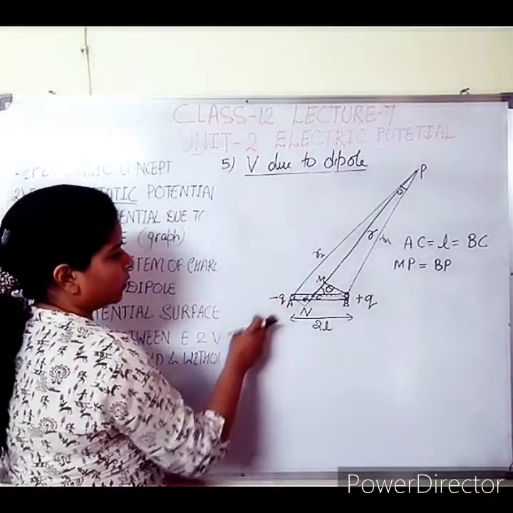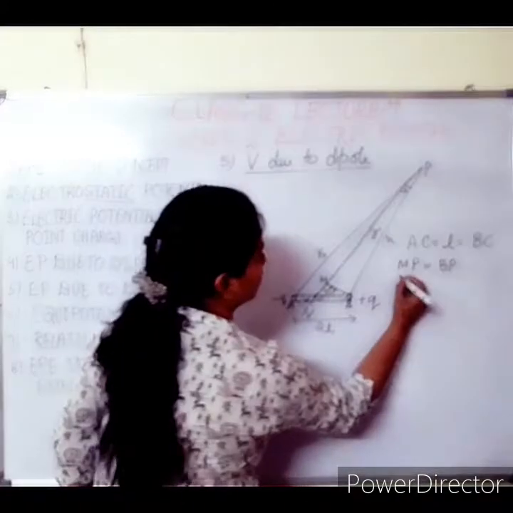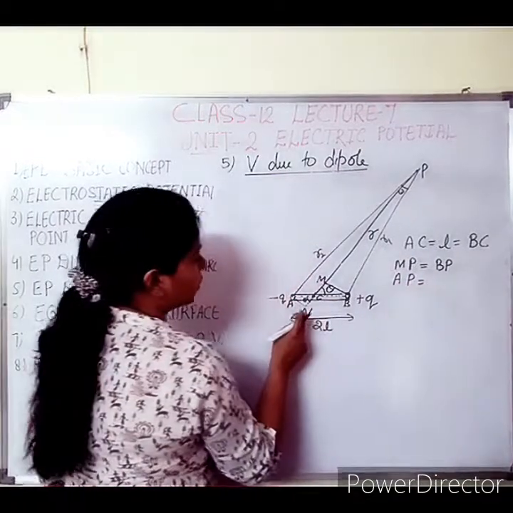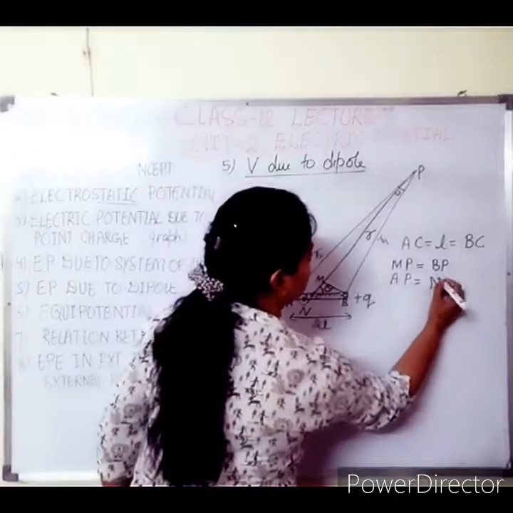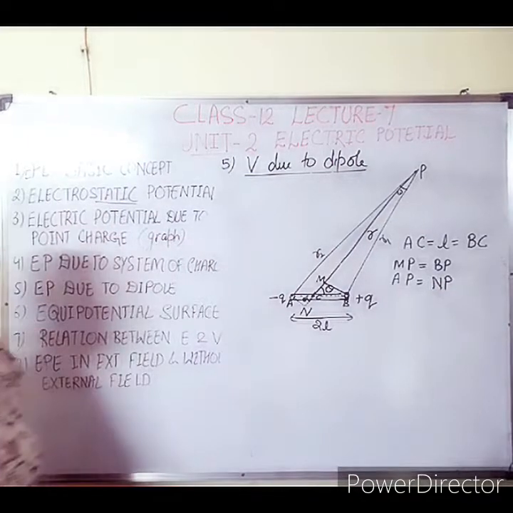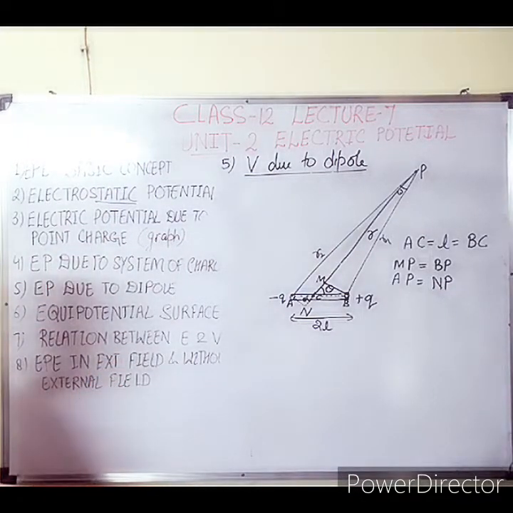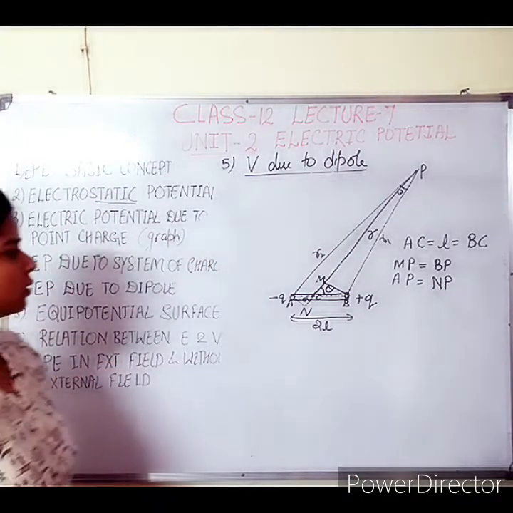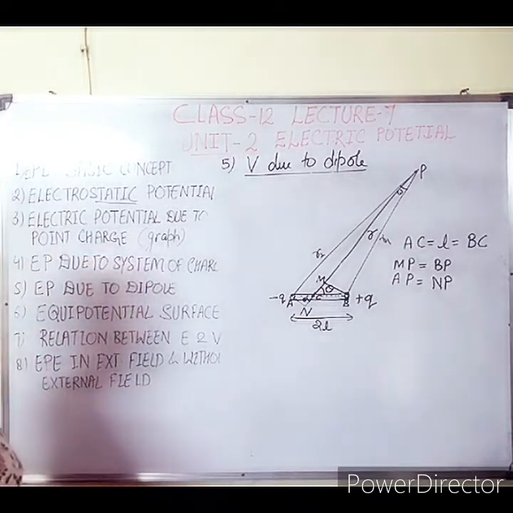So MP is equal to BP and AP is equal to NP. Okay, this is a very important factor which we have to use here. So that is why I am taking this case here, and you will go through it.